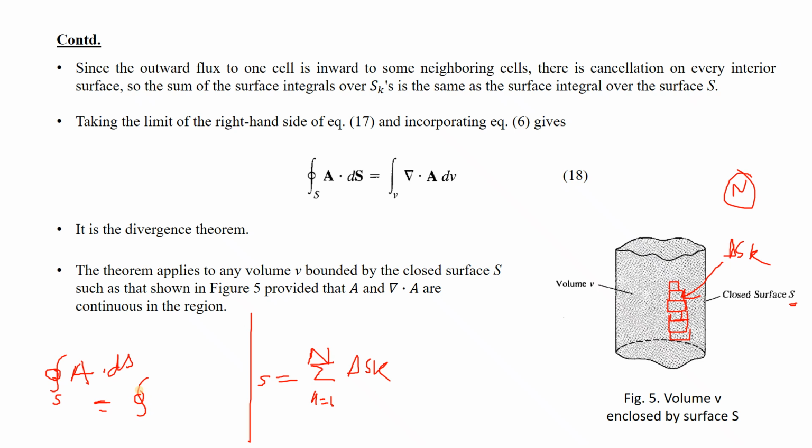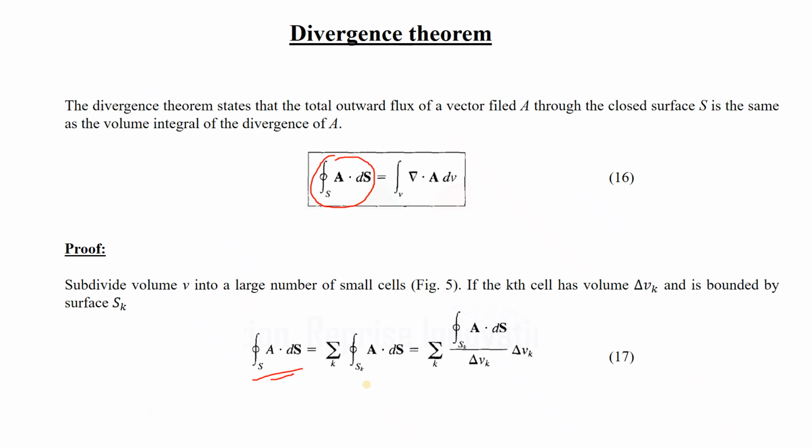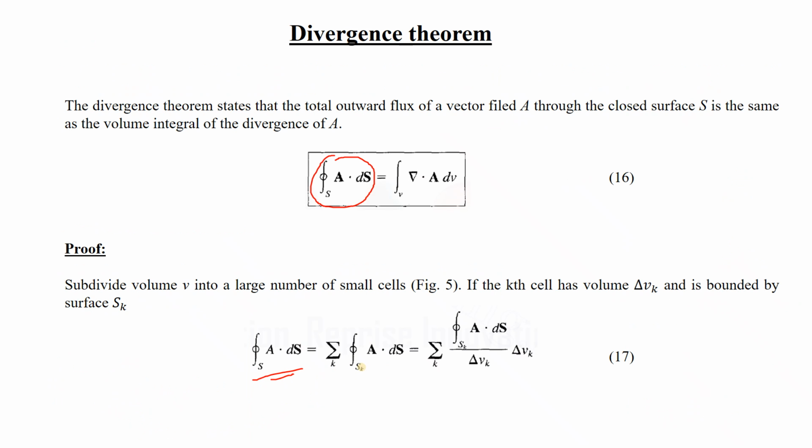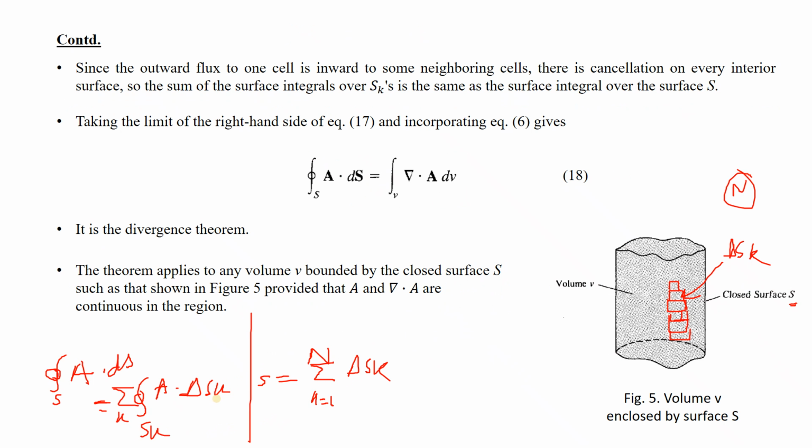We can write that it is the surface integral, but it is with respect to delta Sk, where summation is from k equals 1 to n. So it is delta Sk, actually it is Sk, dot delta Sk, we can write also dS, same thing. Either you write delta Sk over here or over here, anywhere.